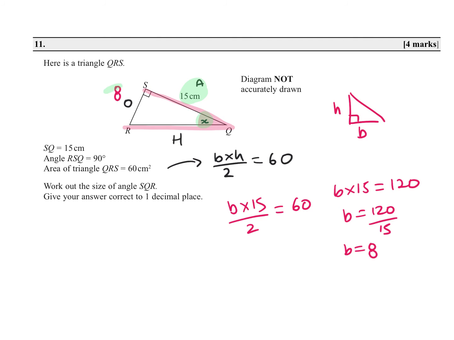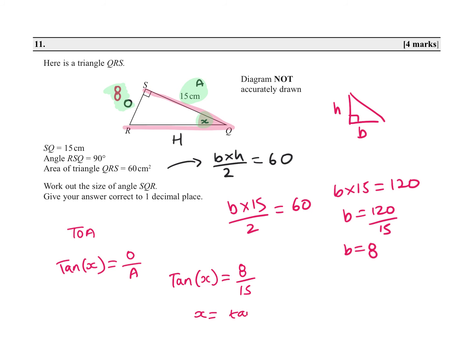Right, so what do I have? O and A, what do I want? The angle. So O and A, SOH CAH TOA. Tan of the angle equals opposite over adjacent. Tan of the angle equals 8 over 15.